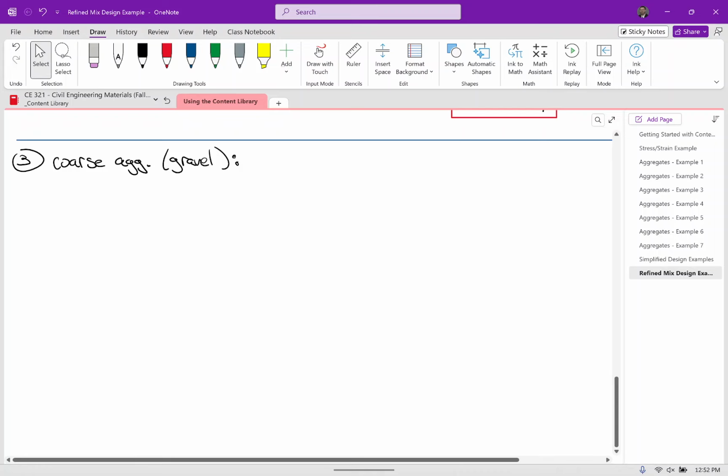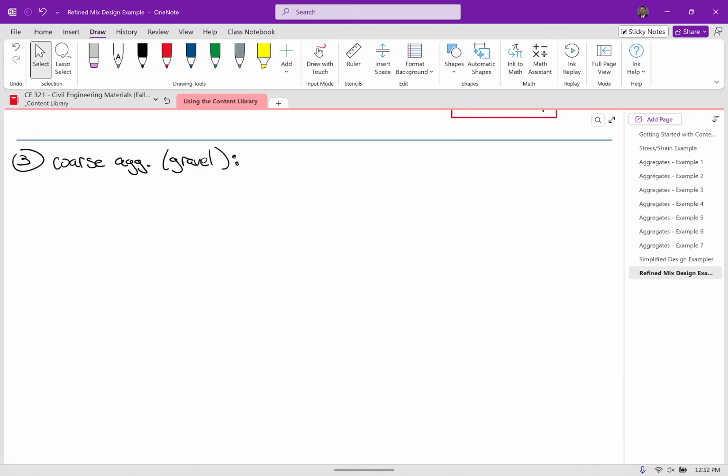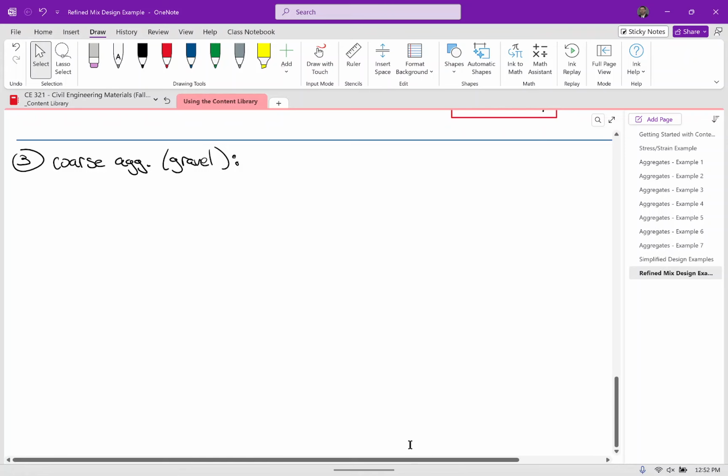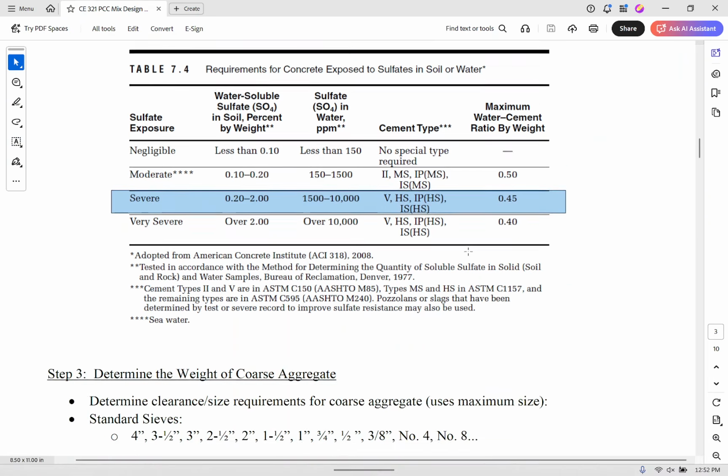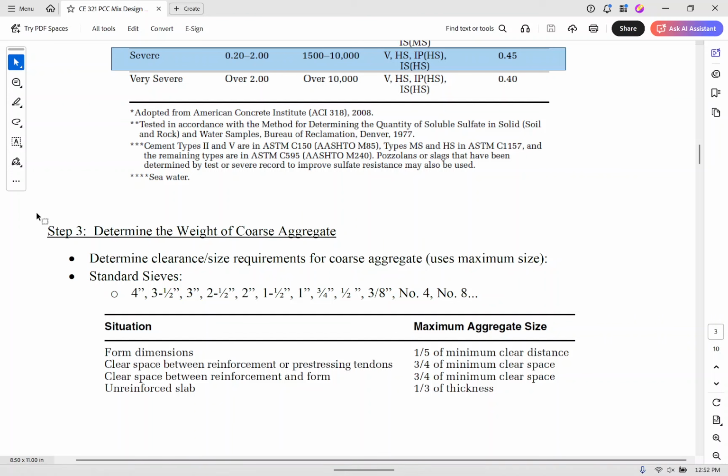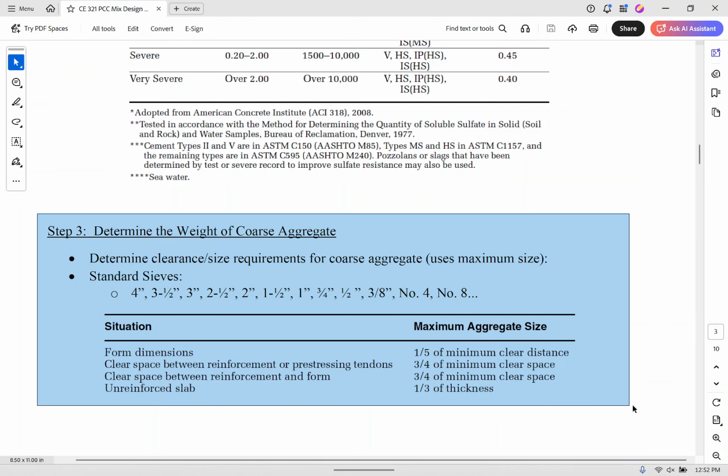Let's pull up our little handy dandy guide here. First thing we're going to do is talk about this. To be candid, this part really has nothing to do with the mix design. We could skip this and just do the mix design. But we're going to check this because we're civil engineers.